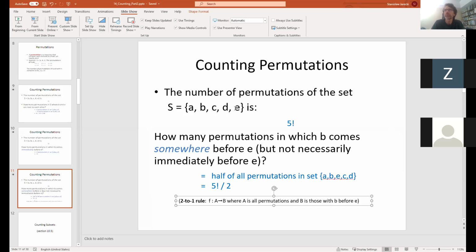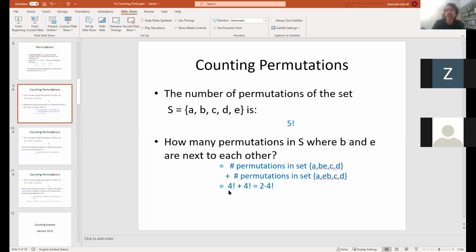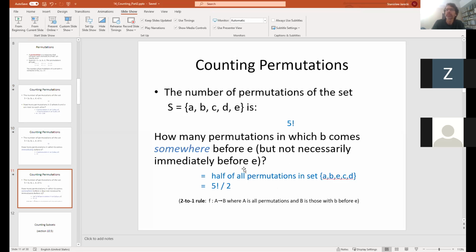You can also see this as a case of a 1-to-1 rule between two subsets of permutations where B and E are in front, but the 1-to-1 rule is not going to be so easy to count. 2-to-1 is the way to go here.